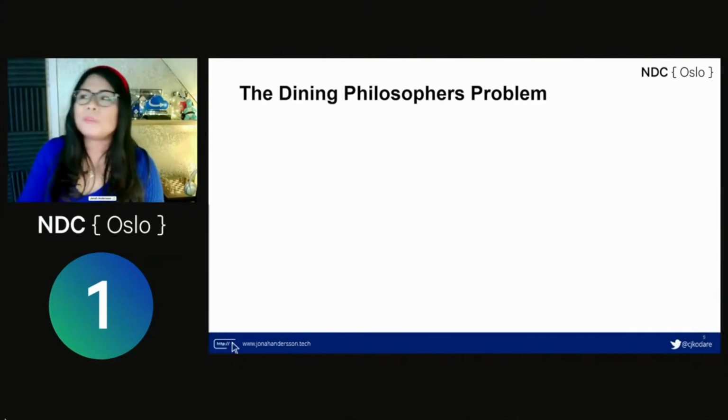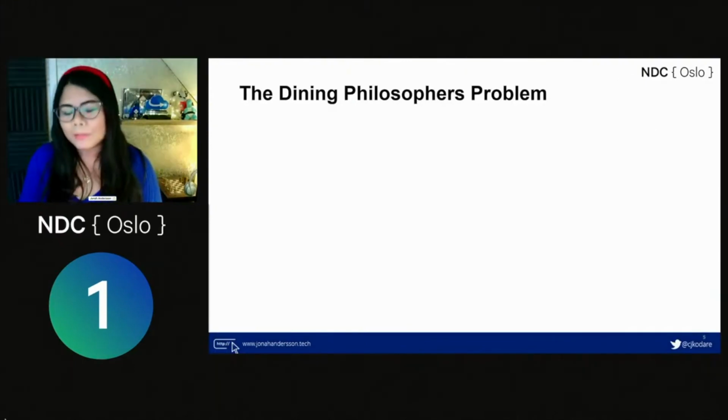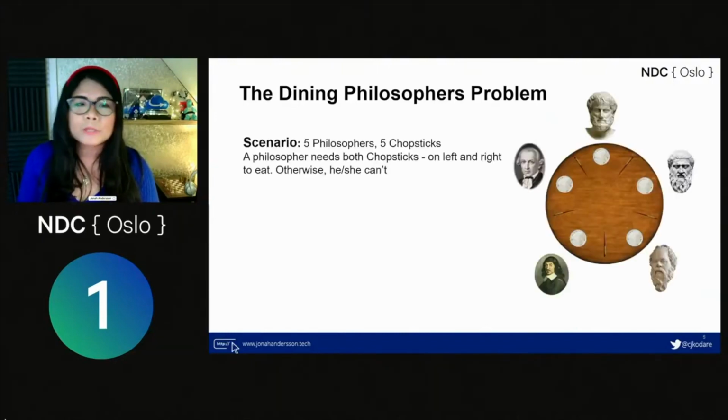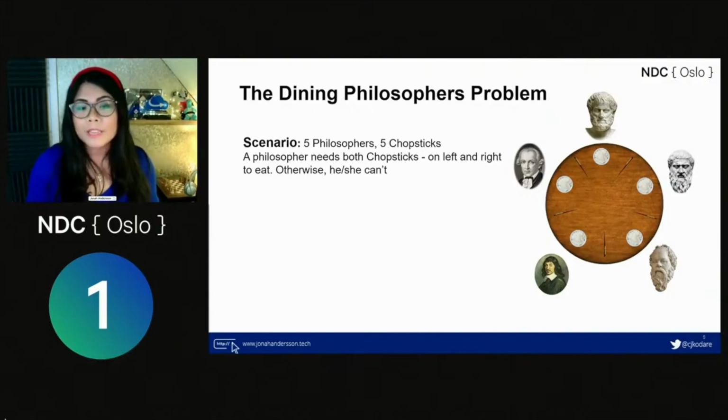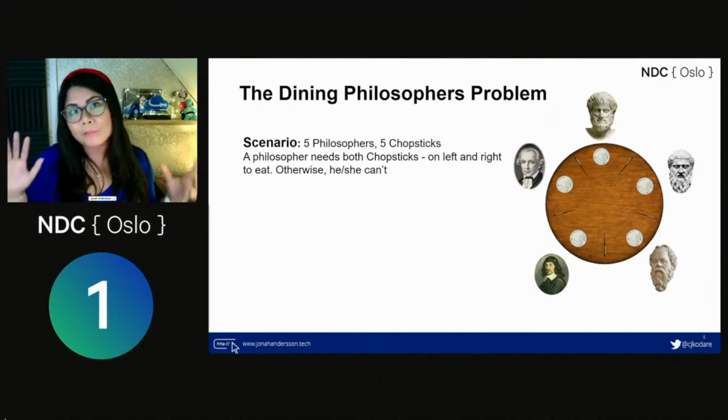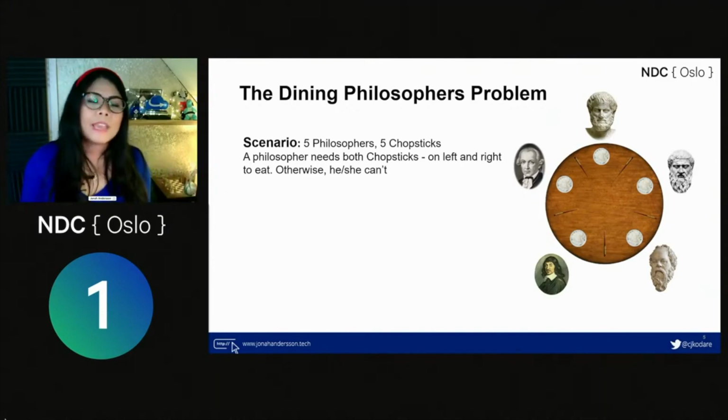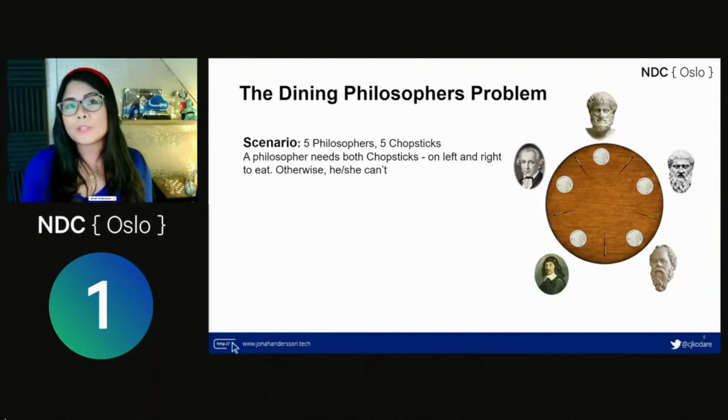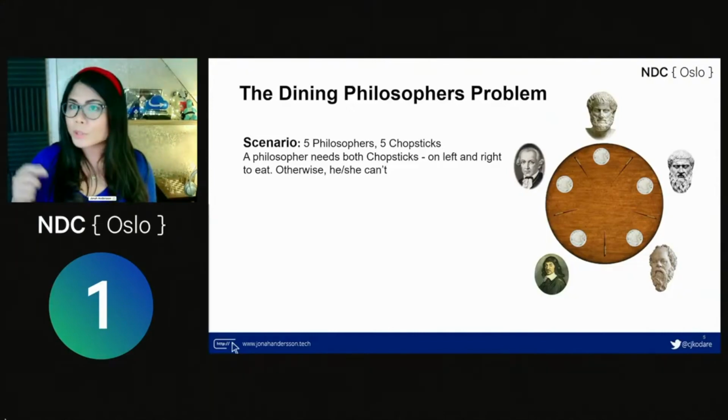I want to share with you this story. I studied computer science and software development in school, and I heard the story of the dining philosophers problem, a scenario of five philosophers with only five chopsticks on the table. Each philosopher needs to use both chopsticks, from left to right, in order to eat.